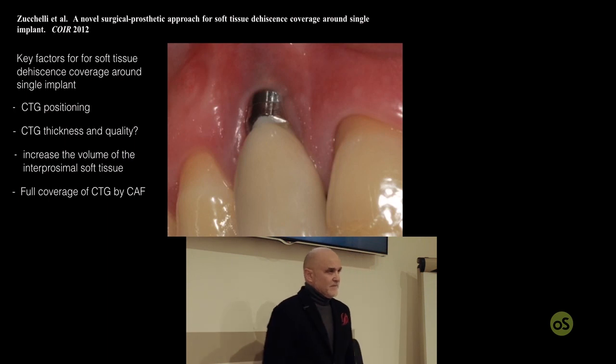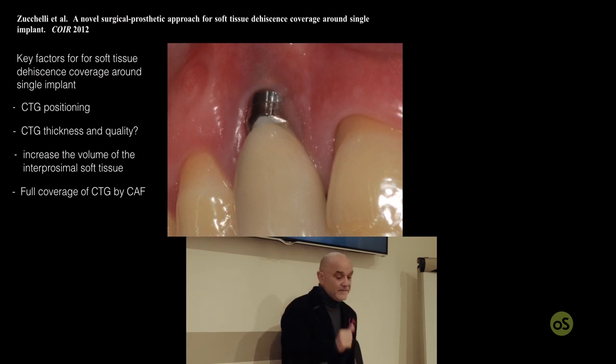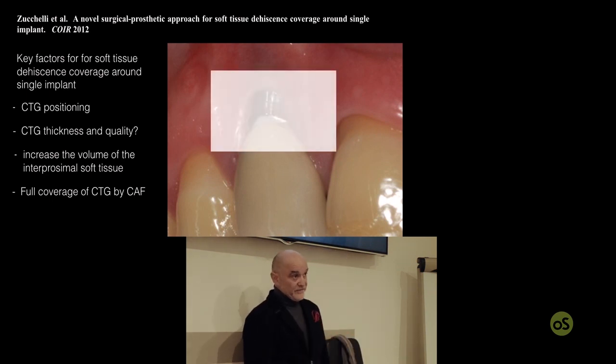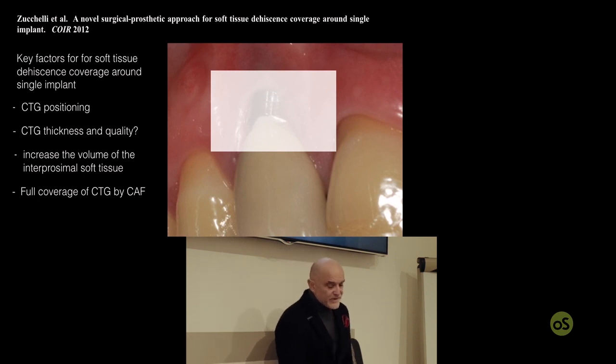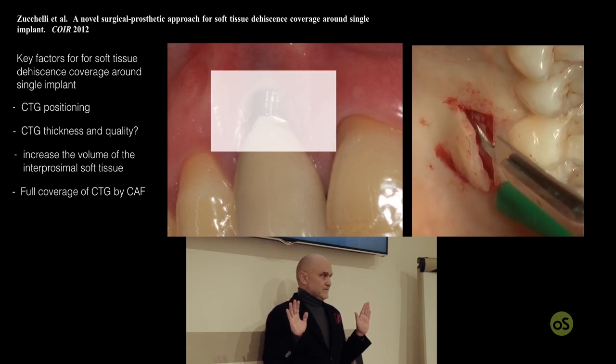connective tissue graft. So, treatment plan. First question, where should the connective tissue graft be applied? 1 millimeter more coronal with respect to the ideal position of the soft tissue margin. Which kind of connective tissue graft are we speaking about? No doubts.